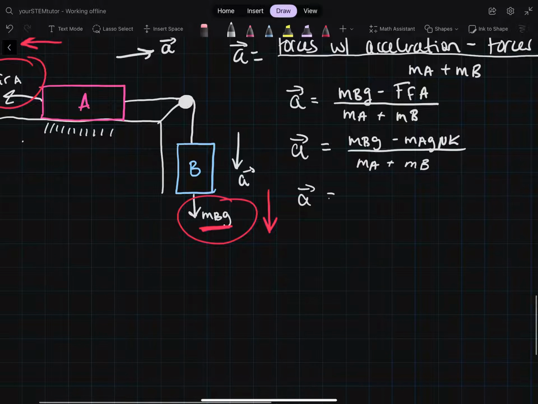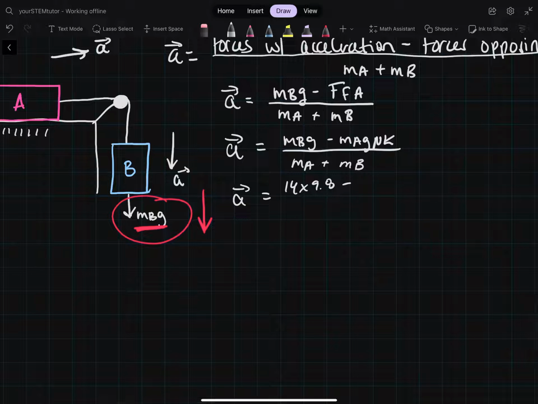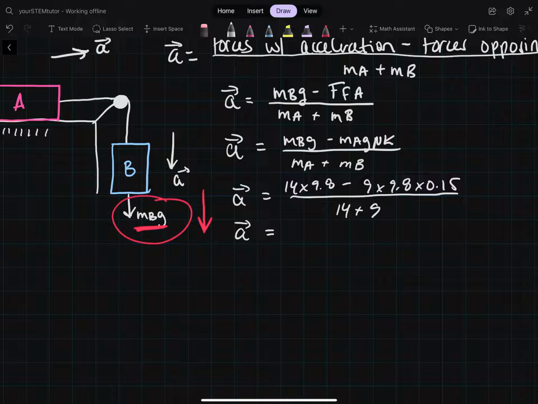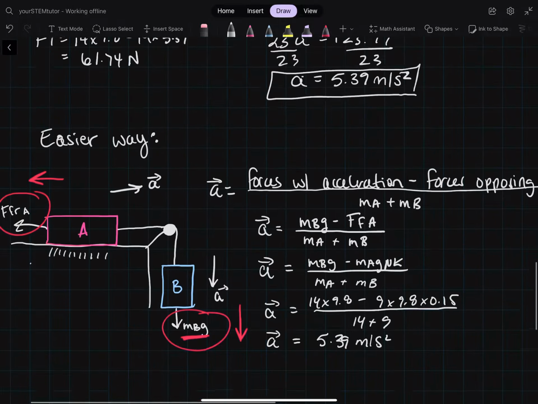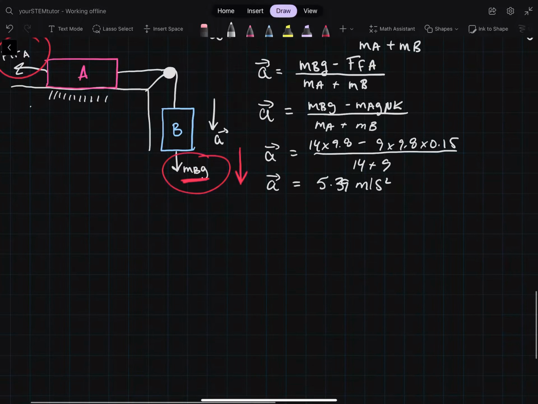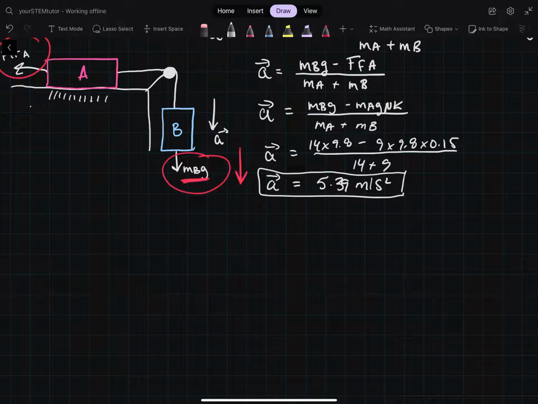So acceleration is equal to mass B, 14 times 9.8, minus mass A, which is 9 times 9.8 times 0.15, all over the masses together, which is 14 plus 9. If we solve for this, we will find that the acceleration is 5.39 meters per second squared, just like inside of our first method. So that all checks out together.